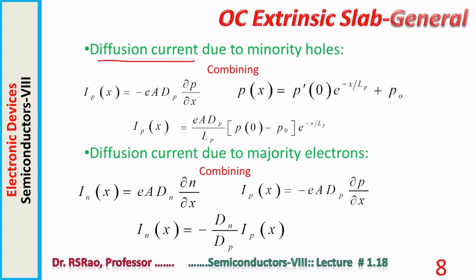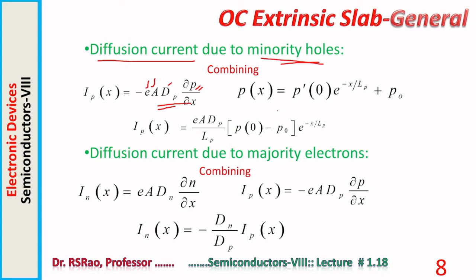Diffusion current due to minority holes, IP of x is equal to minus e A DP dP by dx. Here the slab is assumed along the x-axis. IP means current in amperes, P due to holes. This is a standard formula for diffusion current due to holes. A is cross-sectional area, e is the constant 1.6 into 10 power minus 19, DP is the diffusion constant.